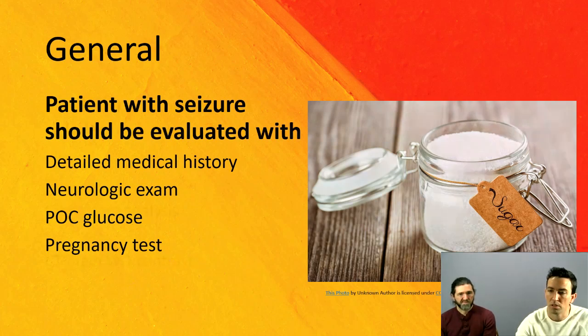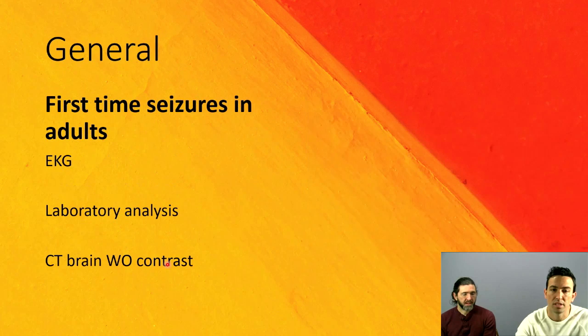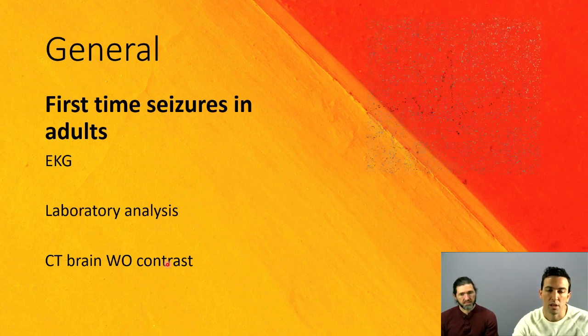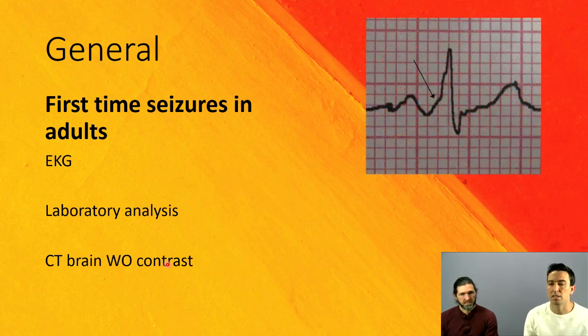If this is an adult and it's a first-time seizure, the question always is, is this a seizure or is this syncope? Commonly confused when you're getting a report from EMS. So in the question stem, if it reads, unwitnessed seizure-like activity, EKG is typically ordered to look for things of syncope, which we'll go over in the syncope lecture here in a little bit.